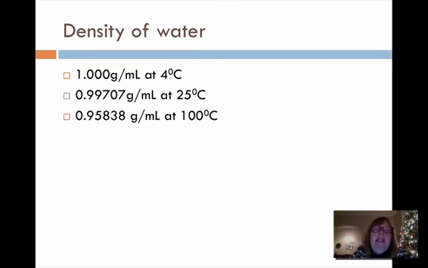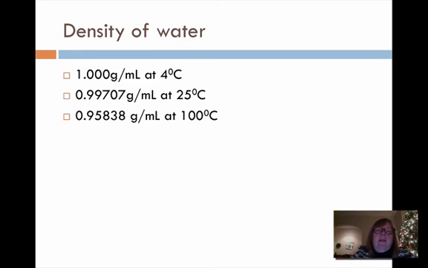At 4 degrees Celsius, which is pretty chilly, the density of water is 1.000 grams per milliliter. At room temperature, 25 degrees Celsius, the density goes down to 0.99707 grams per milliliter. And at a very high temperature, 100 degrees, if you're still in the liquid form, the density is 0.95838 grams per milliliter. So really, the density of water is right around a gram per milliliter if we round those.